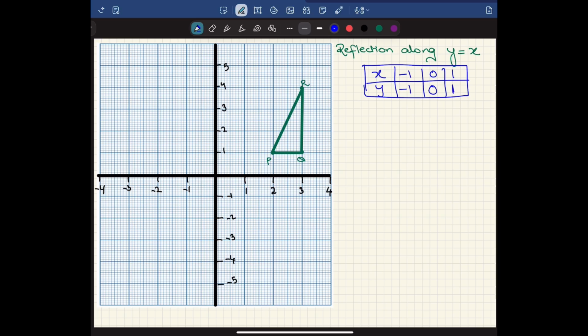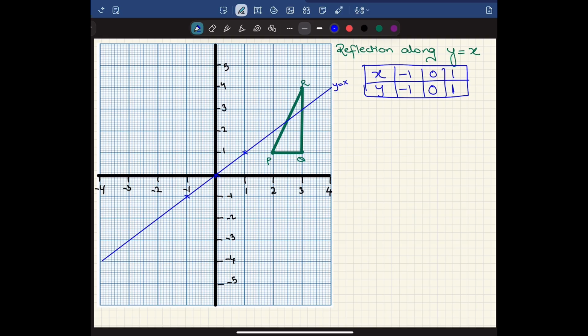So this was obviously comparatively a simpler line of equation. Let's plot these points on the graph. So -1, -1 is here, 0, 0 is here, and 1, 1 is here. Okay, so let's draw this line. Okay, so this is the line y is equals to x, and it is the line of reflection in this question.